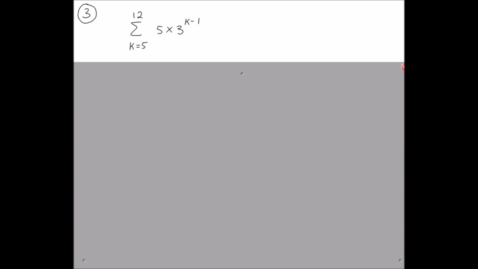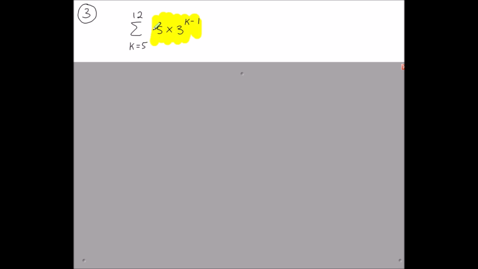Example 3, we want to calculate the sum of this. Now the formula for generating any term in the series is right here, and we start from the 5th term up to and including the 12th term.